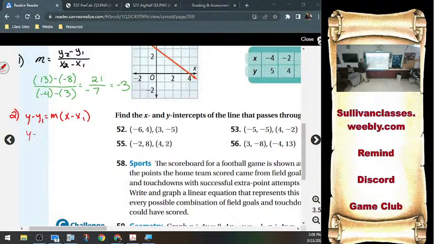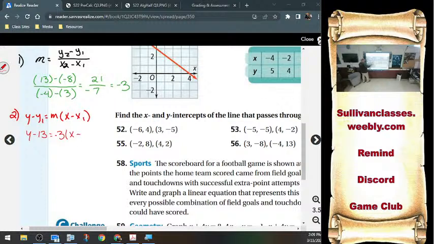I'll say y minus, okay, which of those 2 coordinates do you want to use? Negative 4 and 3. Okay. Or 13, right? So y minus y1 is 13. M, negative 3.